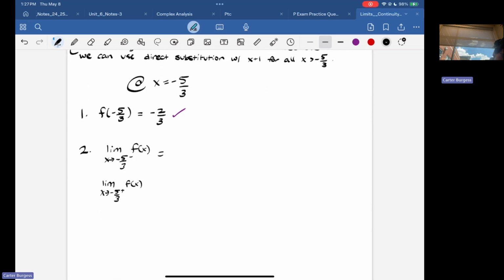The top equation. This is the limit as x approaches negative 5/3 from the left of x squared plus 5x plus 6 over x plus 1. Do I have any domain issues here that would prevent me from doing direct substitution? No. And in fact, direct substitution gives me the exact same thing that I saw from example 1, that this is negative 2/3.